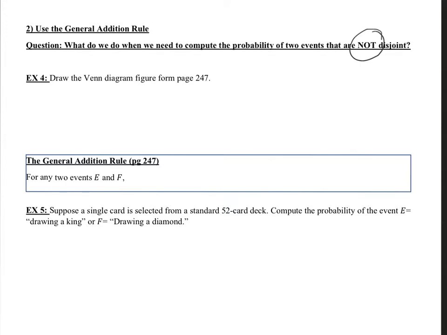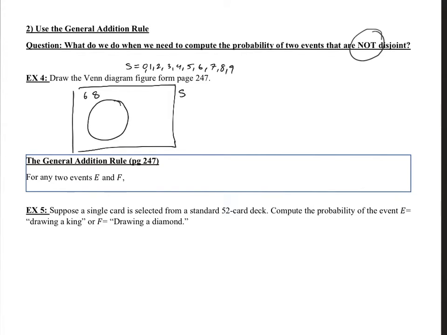But now, not all events are actually disjoint. So let's take a look at a new sample set. S is the whole thing, and S contains 0, 1, 2, 3, 4, 5, 6, 7, 8, and 9 as before. And then we have our two events, but they're overlapping.